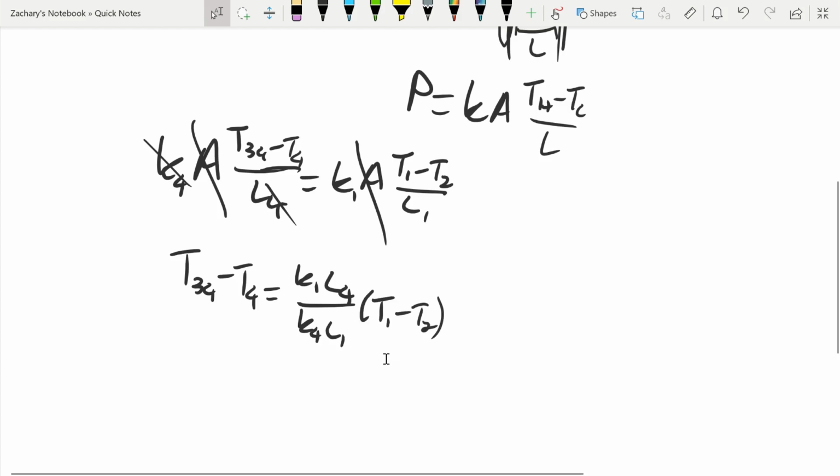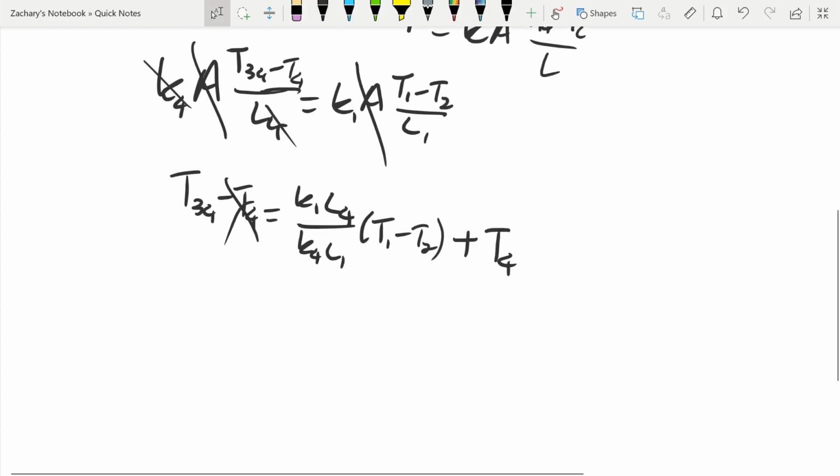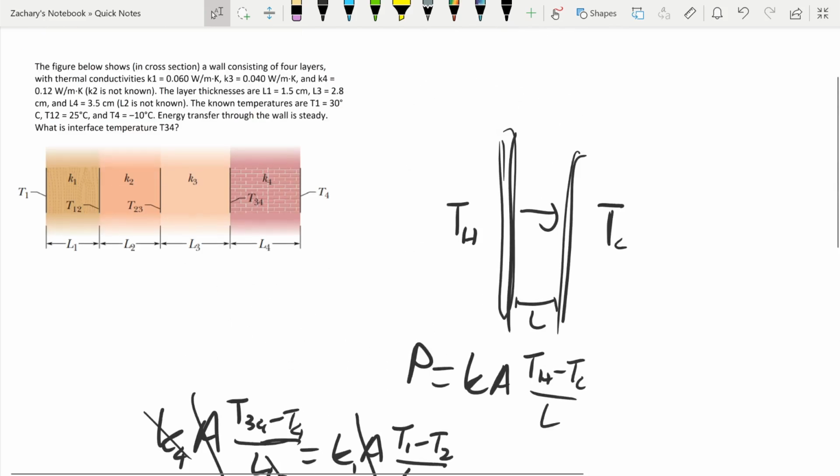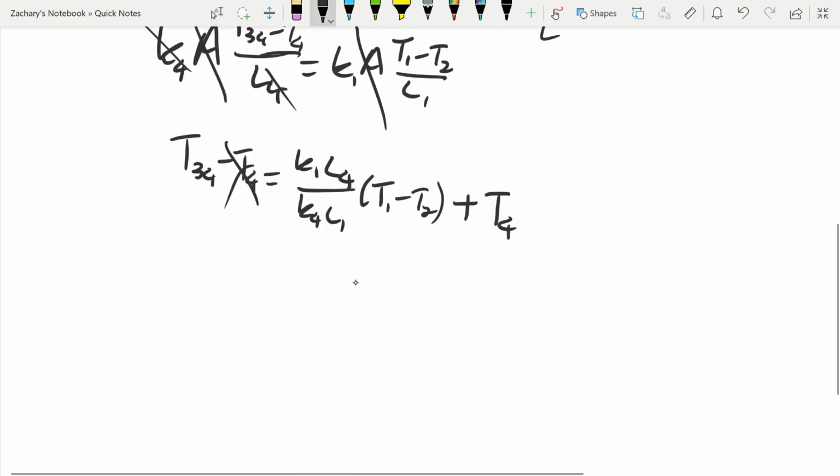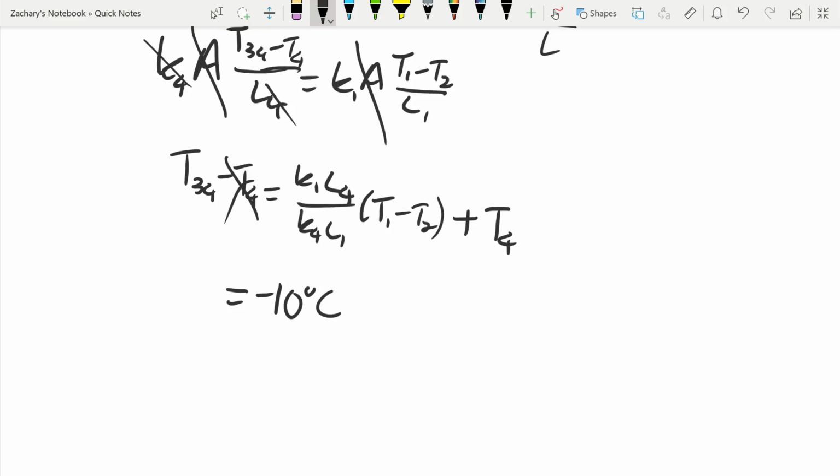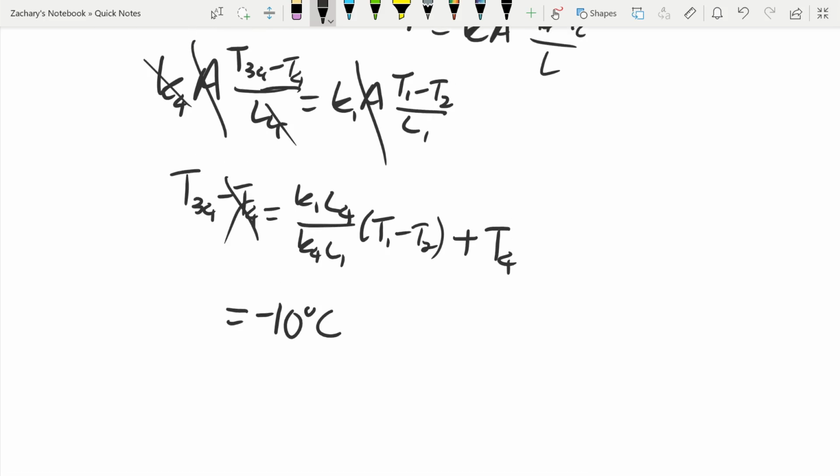Now we add T4 to both sides, and we get T34 is equal to this plus T4. Now we can plug in the numbers. It tells us that T4 is negative 10 degrees Celsius. Just a reminder that the SI unit is Kelvin, and you normally would convert to Kelvin, but in this case we're dealing with Celsius everywhere, so it doesn't matter, and we want the answer in Celsius.